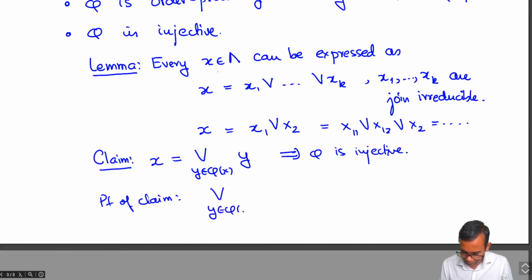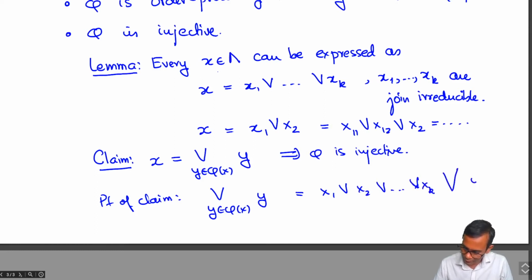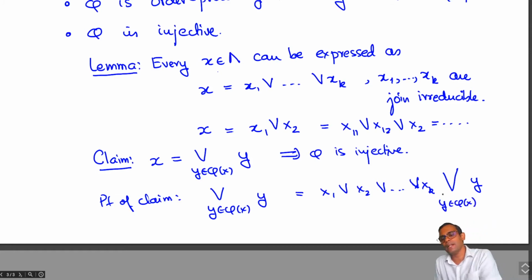This join. Well, now suppose x is of the form x1 join x2 join ... join xk, then each of those xi's is less than or equal to x, and therefore it is an element of phi x. So in this join, we already have the elements x1 join x2 join ... join xk, and then we have other elements y which are not in these. But there's no harm in again writing y belongs to phi x, because if we write any element twice, xi join xi is still xi.